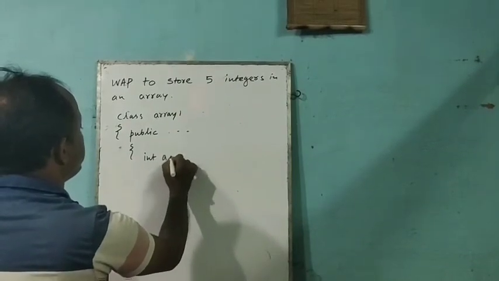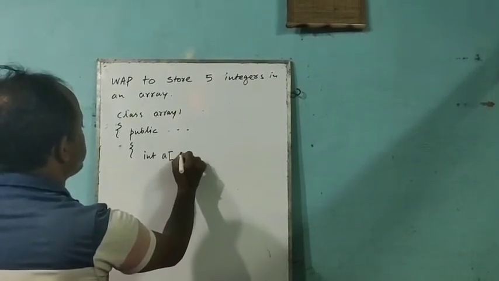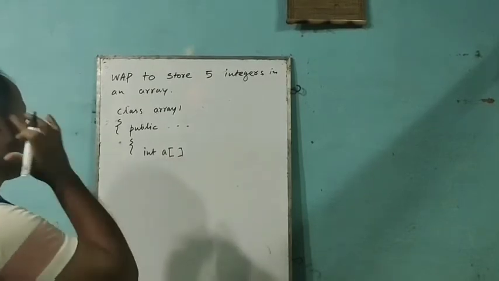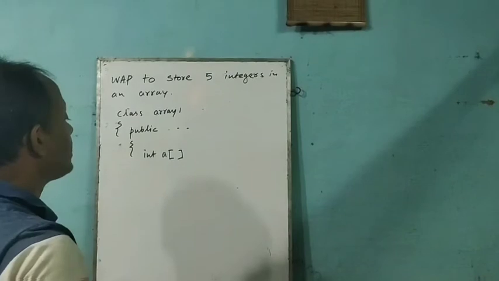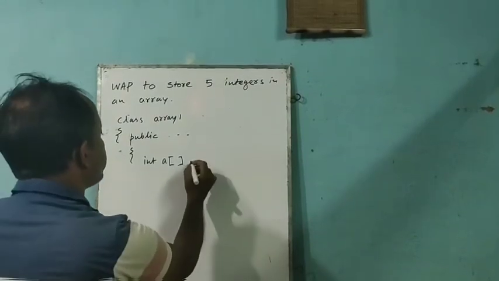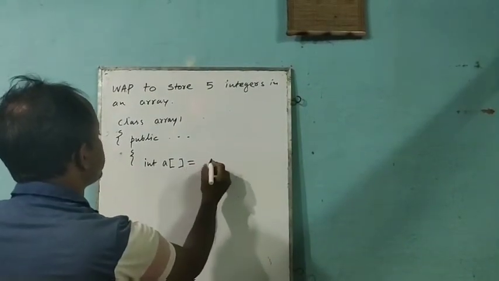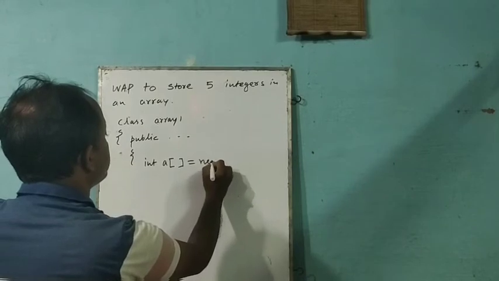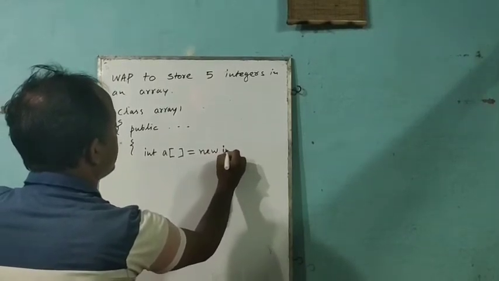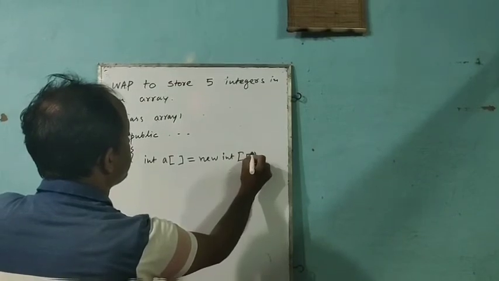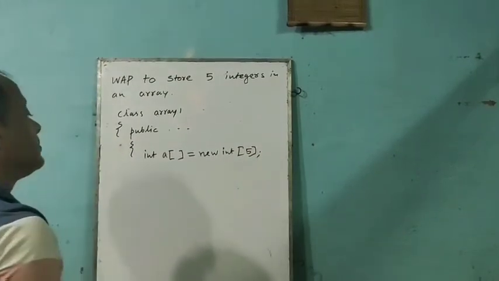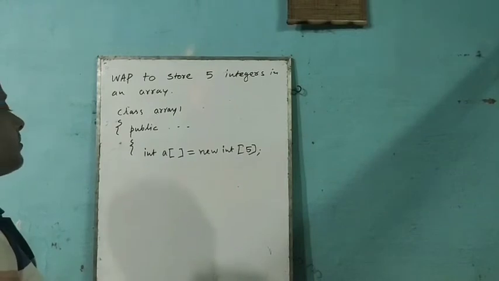Int a square bracket. This square bracket is meant for array. Whenever we place a square bracket, you can identify this as an array. Int a square bracket equal to new int 5. That means we have created one array with 5 compartments.